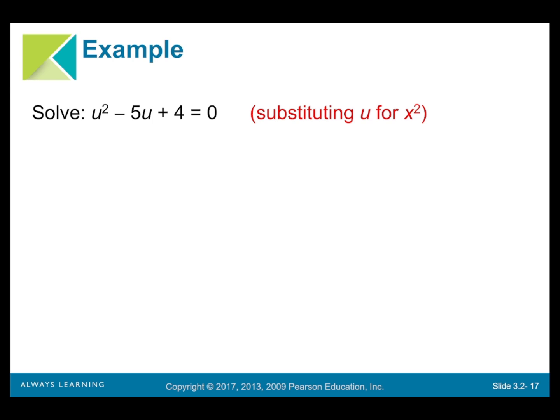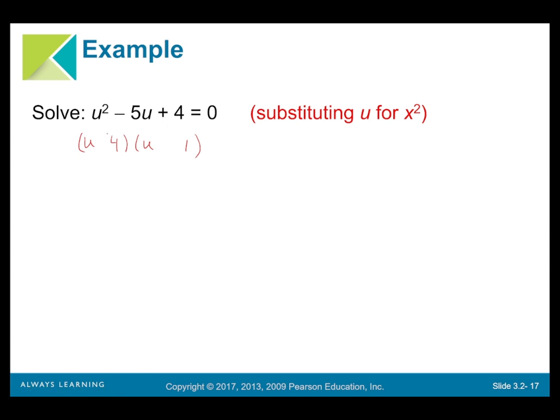Using our standard techniques, well, this guy actually factors. This factors as a u here and a u here, and I need things that multiply to 4 and add to negative 5. I'm thinking 1 and 4, since those two will add to 5. And then, of course, if I have a plus 4 on the end, that means I have matching signs.